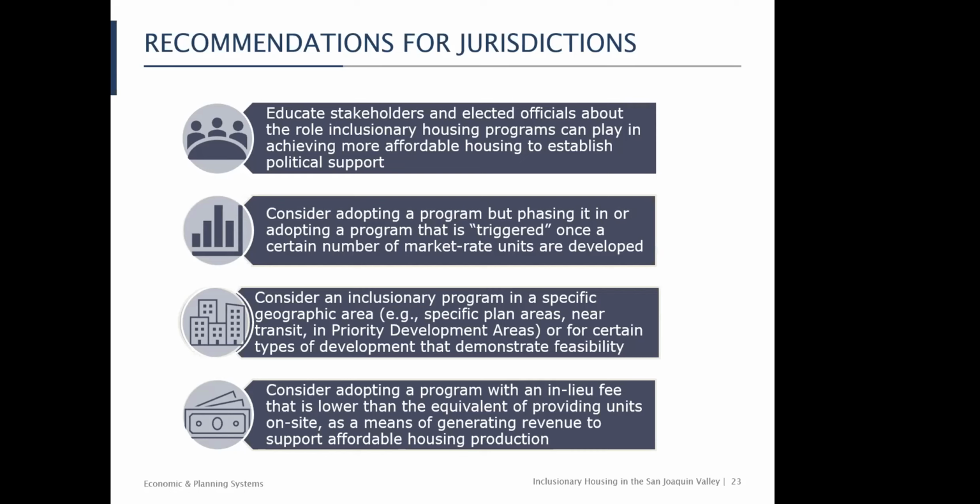Or you could consider making the inclusionary requirement apply just in certain areas or zones where you're expecting higher density development. So when adopting a program, it doesn't need to be a one size fits all approach. You can even establish a program where the in lieu fee is set a little bit lower than the on-site requirement, creating an incentive to pay the fee, and that can help generate revenue for your housing programs.